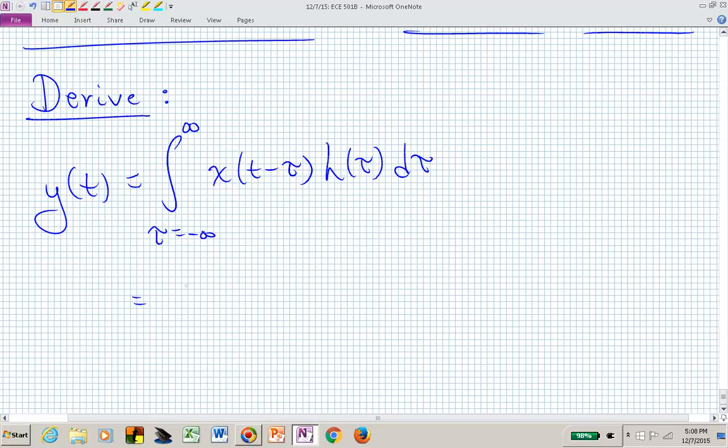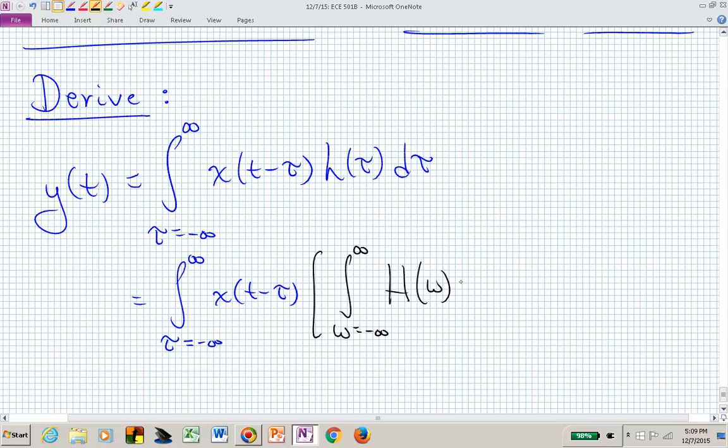But we can write that h of tau as this decomposition of rotating phasors, meaning this is now this integral from omega equal minus infinity to infinity of h of omega e to the i omega tau d omega.